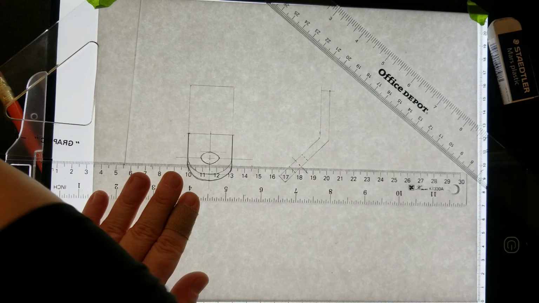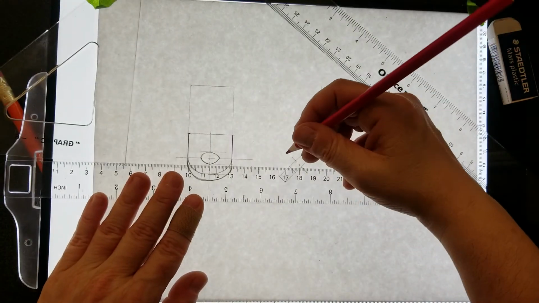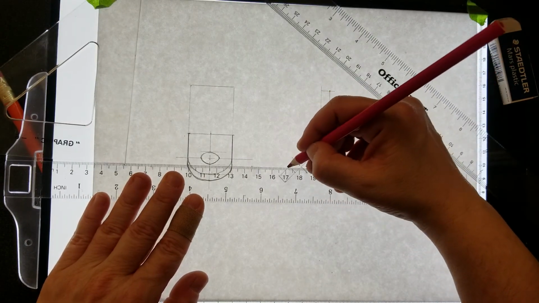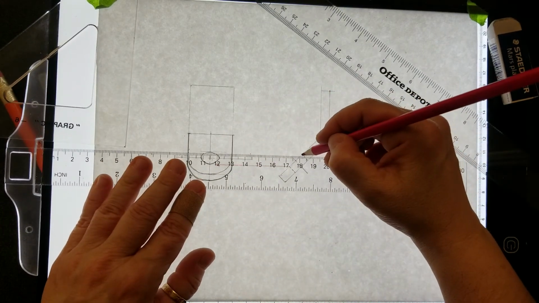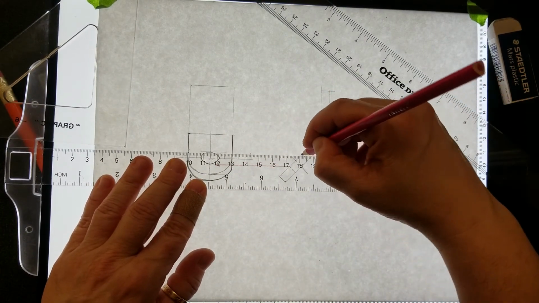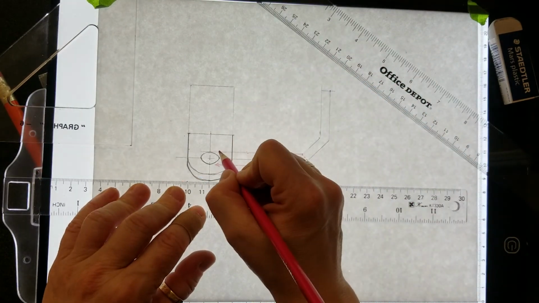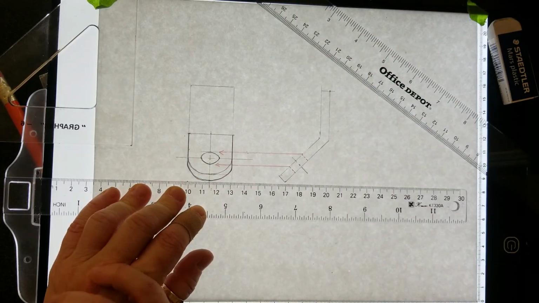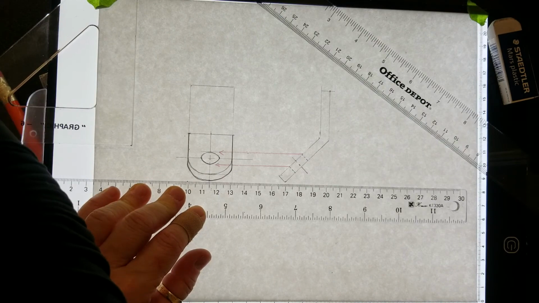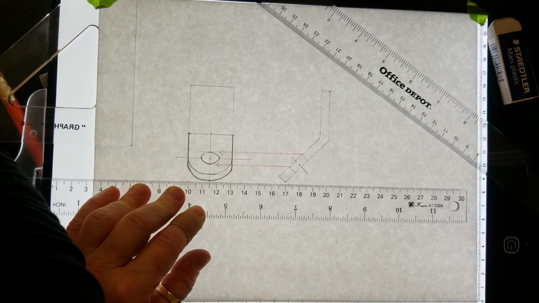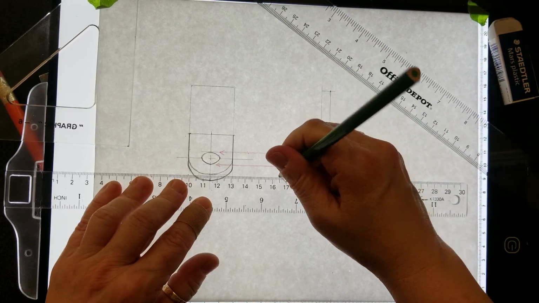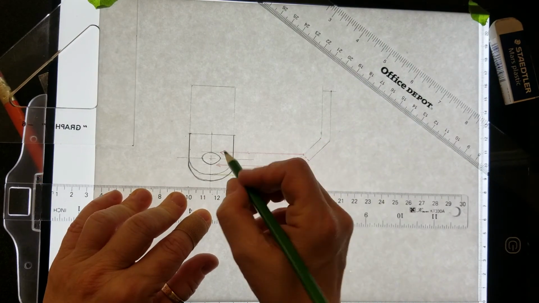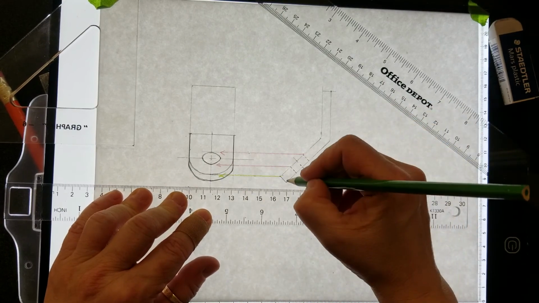Okay, I'm going to use a different colored pencil. I'm going to mark this drawing up in the process of doing this. I'm going from here to here. Here to here. Okay? For my other object, see, this one is here to here. See that?